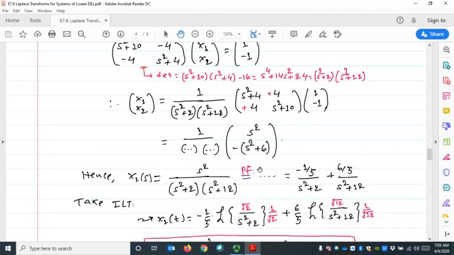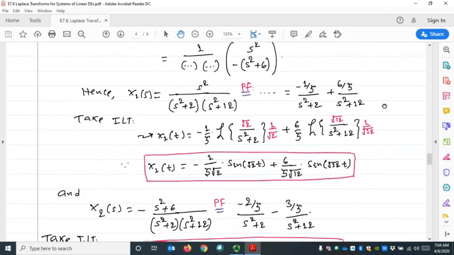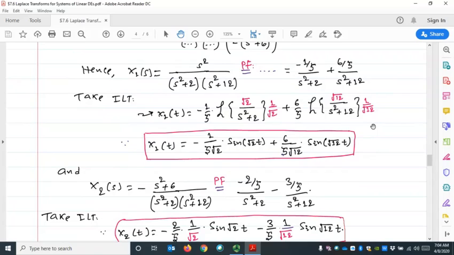Then solve it, and we will have these forms here: capital X1 equals negative 1/5 over s squared plus 2, plus 6/5 over s squared plus 12. Let me scroll down. Then take the inverse Laplace transform to get little x1.